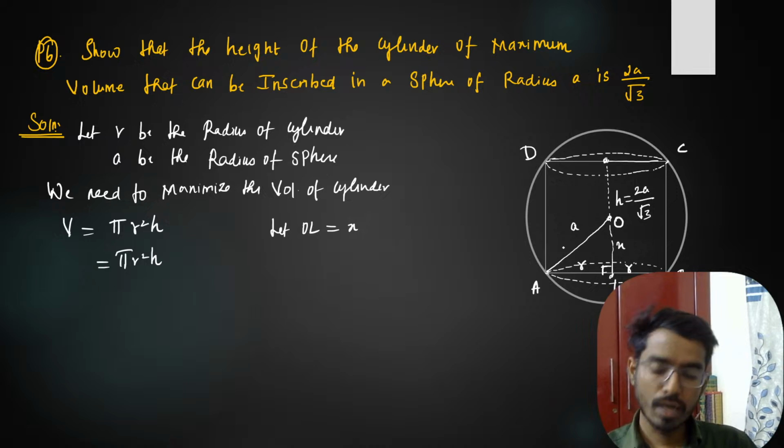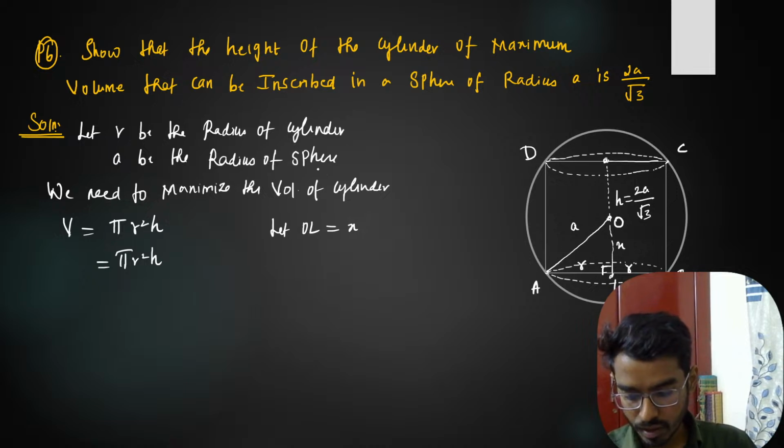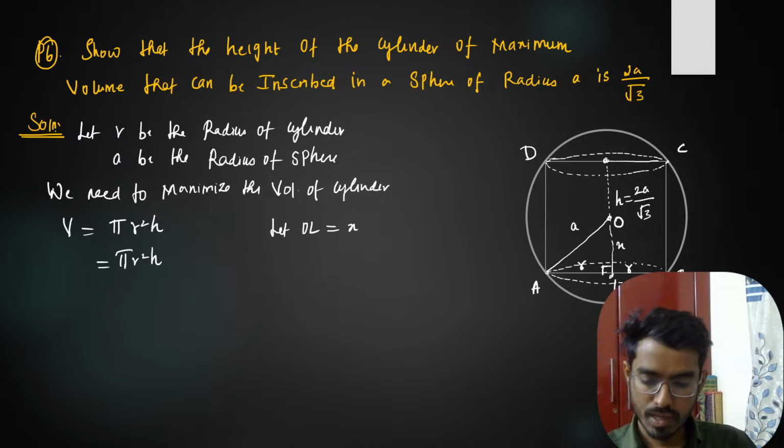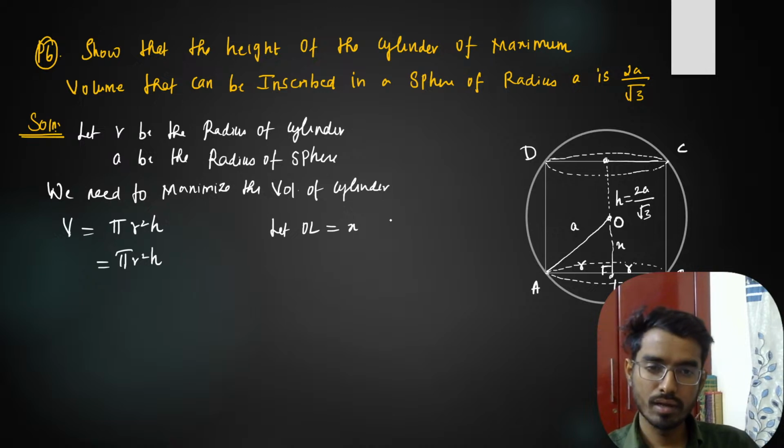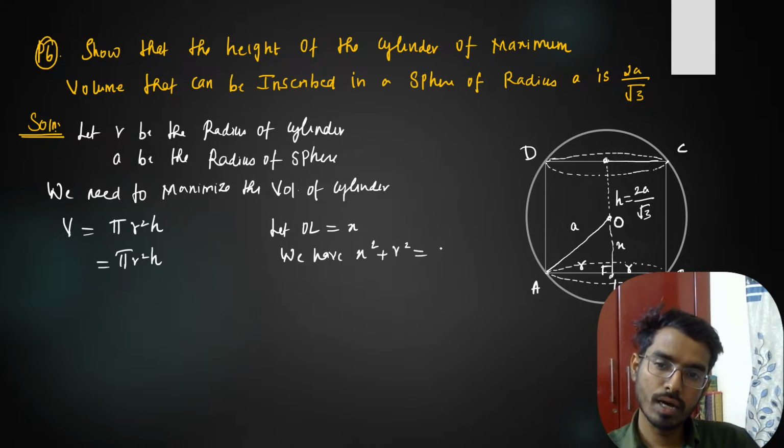So x square plus r square is a square. That means r square is a square minus x square, right?